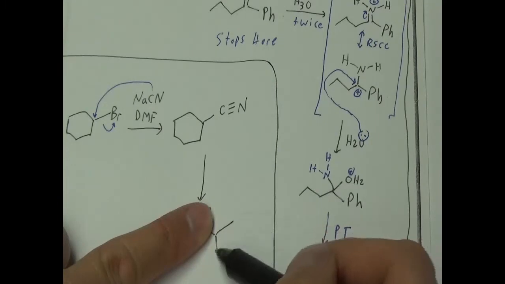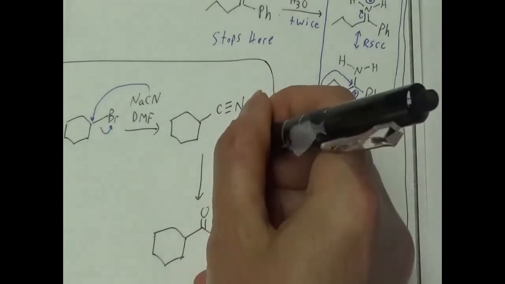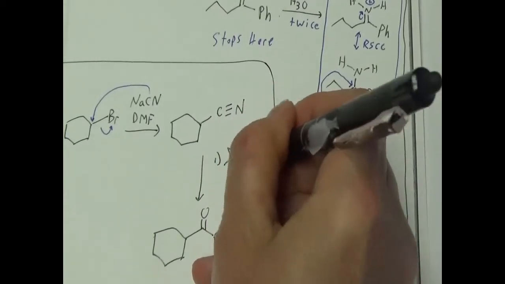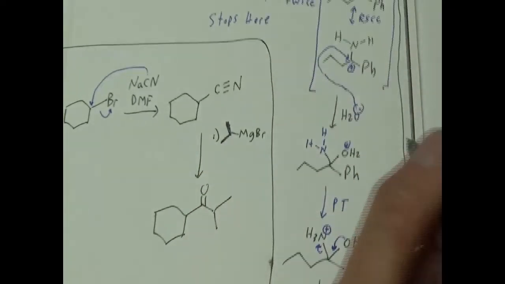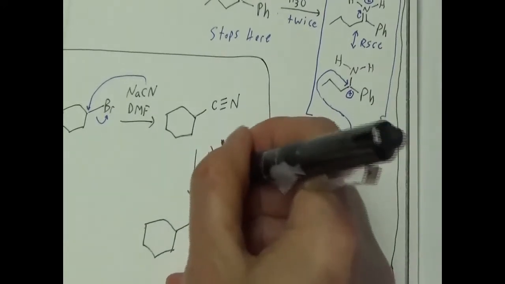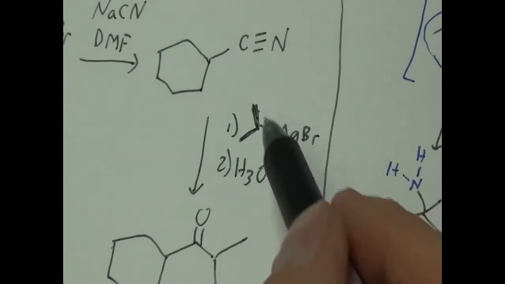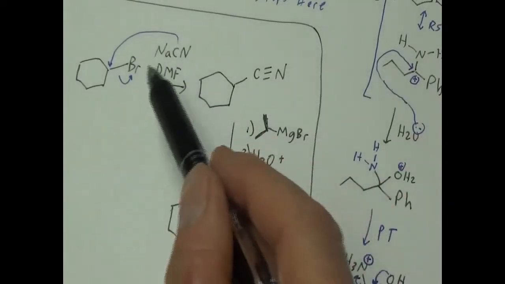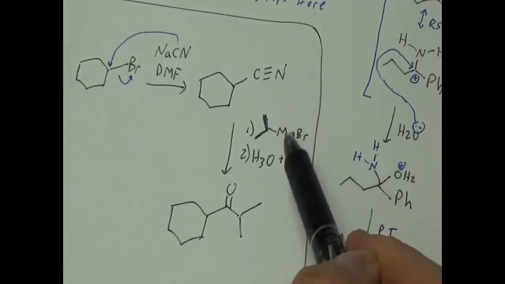It's 3 carbons with the branch on the middle, so it's isopropyl Grignard, and then acid water. It's 3 carbons with MgBr on the middle, right? Isopropyl Grignard. All right, cool. So that's a good example of how we can go from, in this case, an alkyl halide to a nitrile, add a Grignard, and make a ketone.